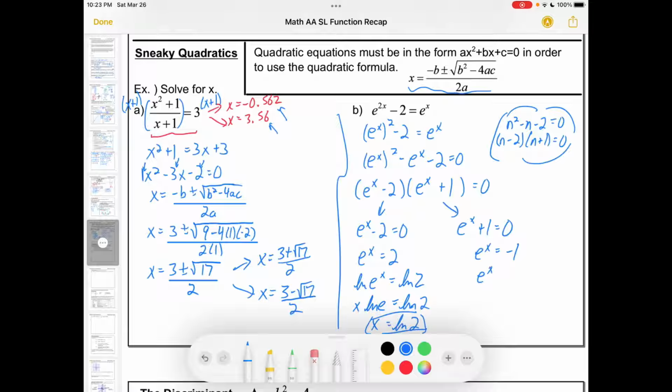Keen eyes at this point will say, oh, that's not possible. And if I take the log of both sides, that would be ln e to the x equals ln of negative 1, which is not a thing in the real number system. So this part doesn't give you anything. So no solution from that part, but this part is good. Our final answer is x equals ln 2. So a sneaky quadratic in that case.